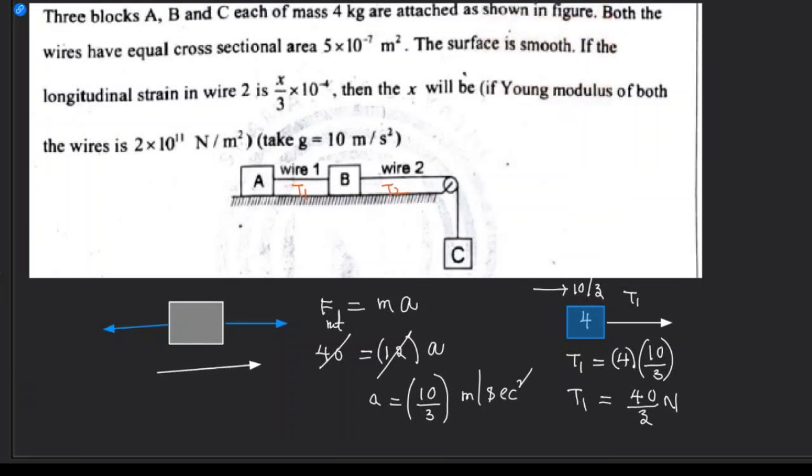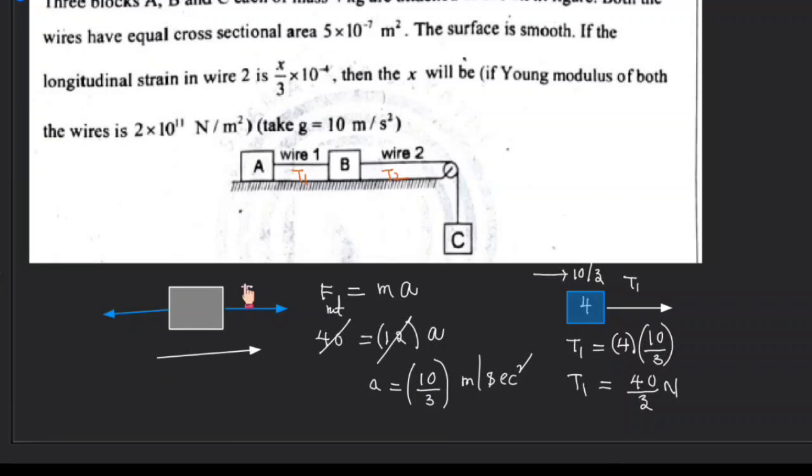So this is T2 here, this is T1 here, and you know T1 can be written as 40/3. Here this mass is how much? This mass is 4 only, right? And it is having acceleration of 10/3 only, right?